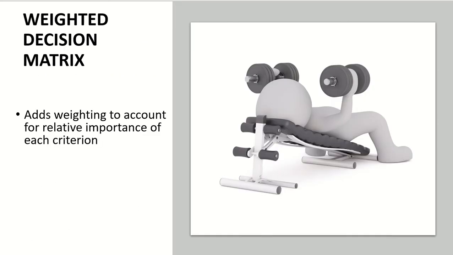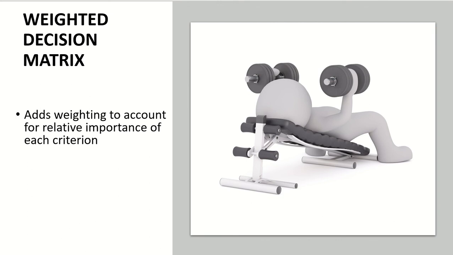The advantage of a simple decision matrix is that it allows for a quick selection process. But there is also a significant drawback with the simple matrix: the fact that all the criteria are considered to be of equal importance. But this may not be the case for you or your team or organization.